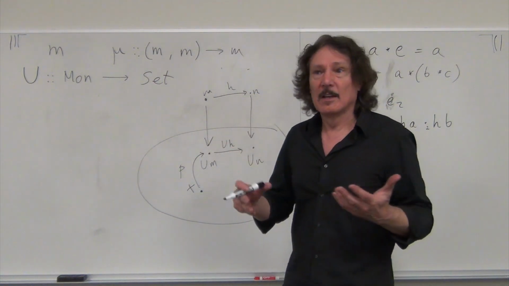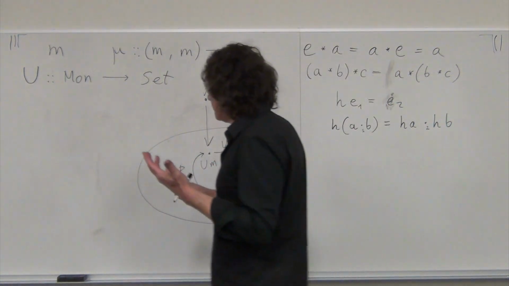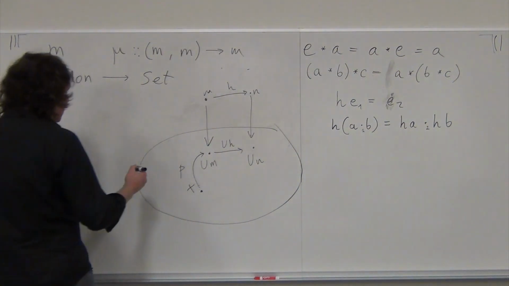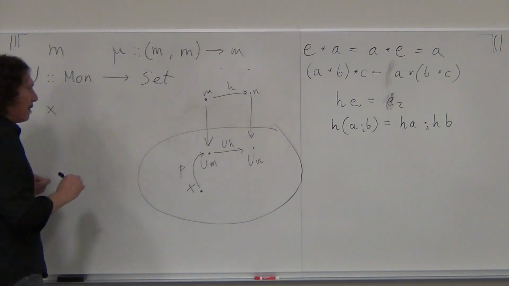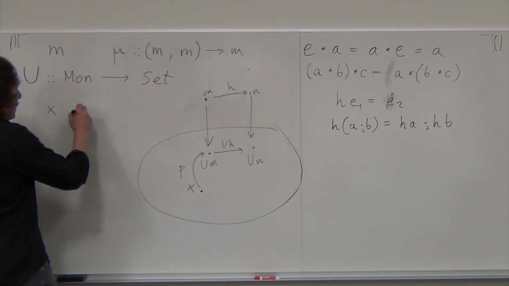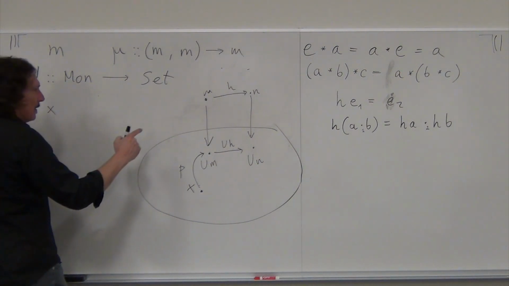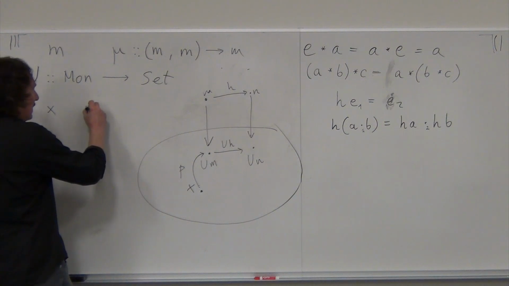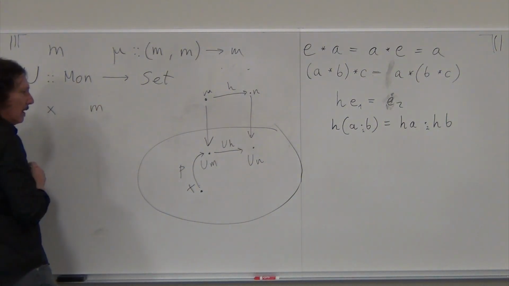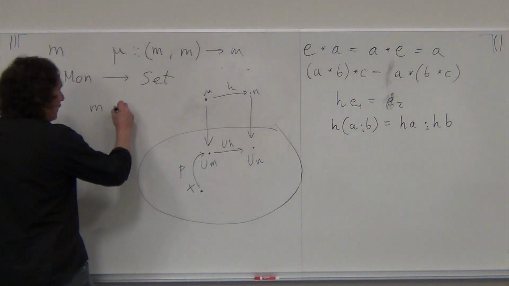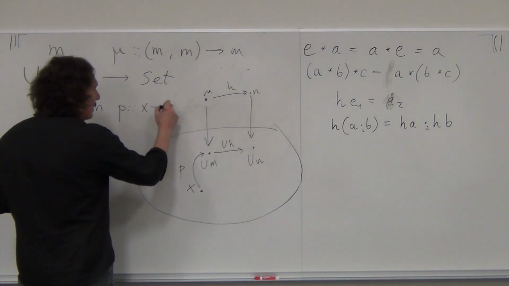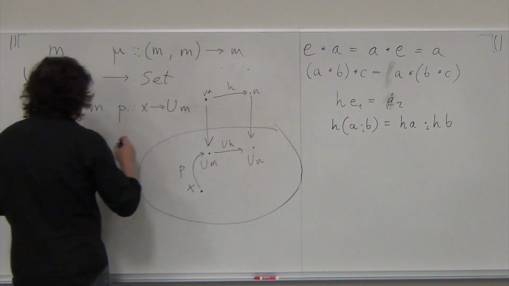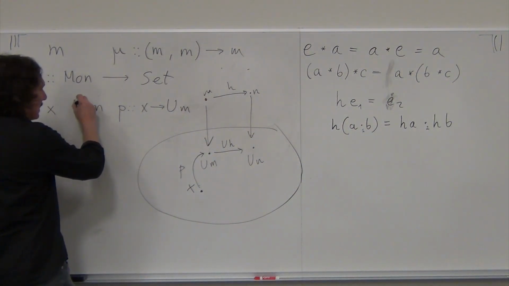So universal construction starts with a pattern, right? The pattern here will be, well, we pick one set X and fix it, right? So this is fixed. But what will be changing is we pick a monoid M, and we pick a function P that goes from X to UM. Okay? So this is our pattern.